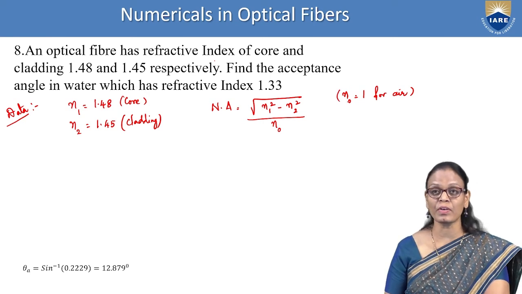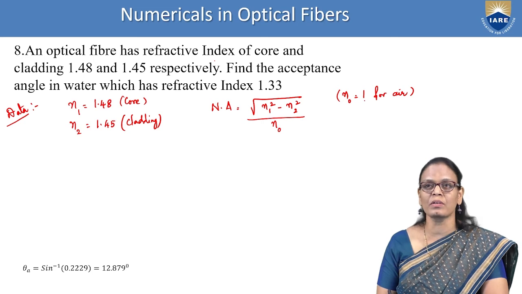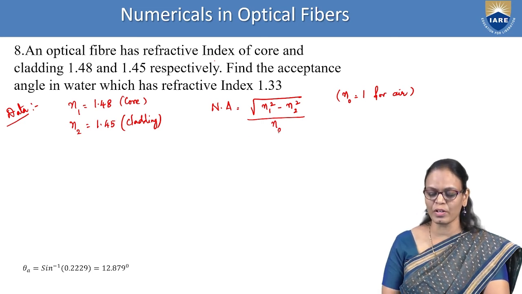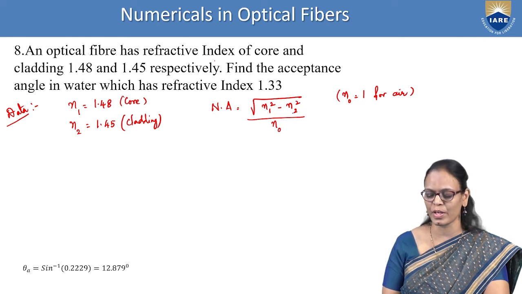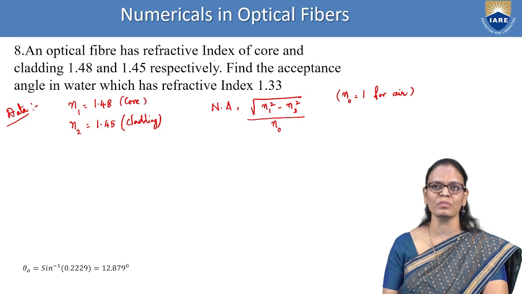Whenever we are given that the signal is launched through air, we take n naught equal to 1. So there is no denominator, something upon 1. We have only under root n1 square minus n2 square. Or if it is not mentioned also, we consider that it is through air.